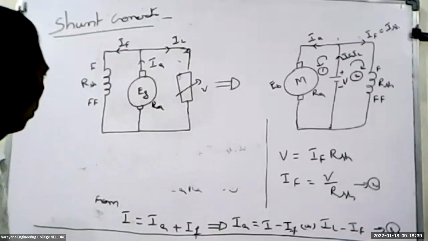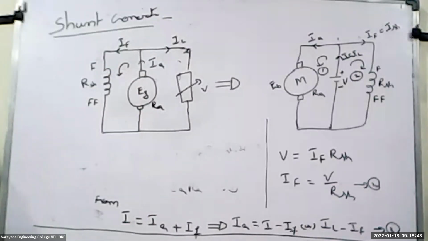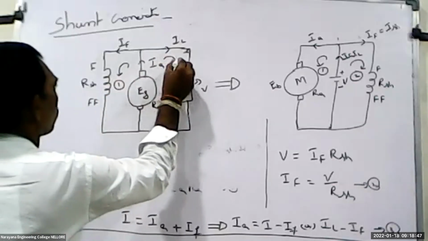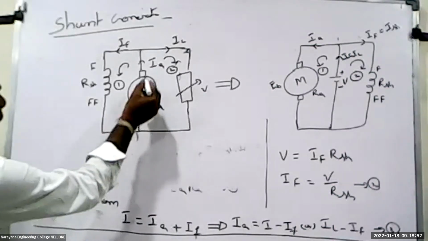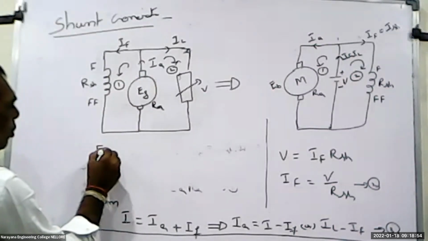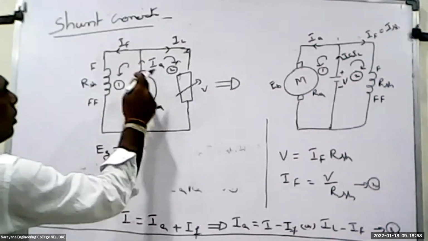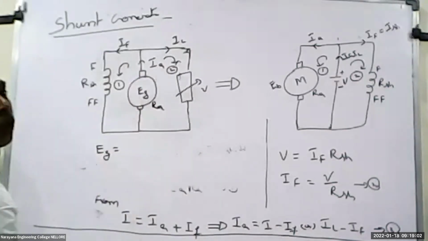So here we have to apply KVL for loop 1 as well as loop 2. So apply KVL in this loop: EG is equal to what here? There are some drops here. Supply voltage is equal to the drops.